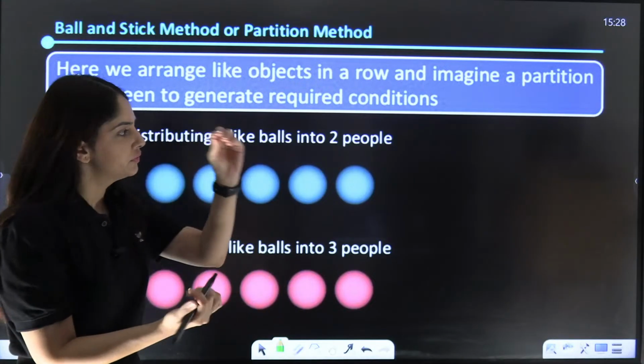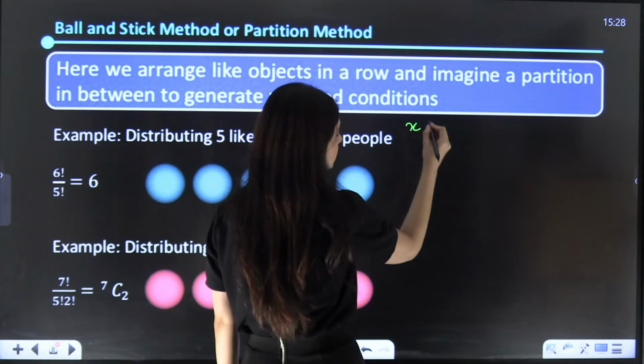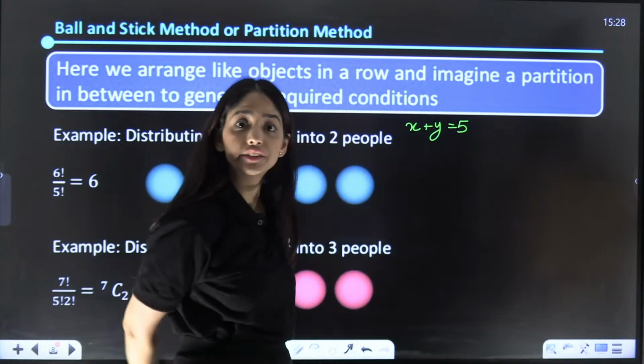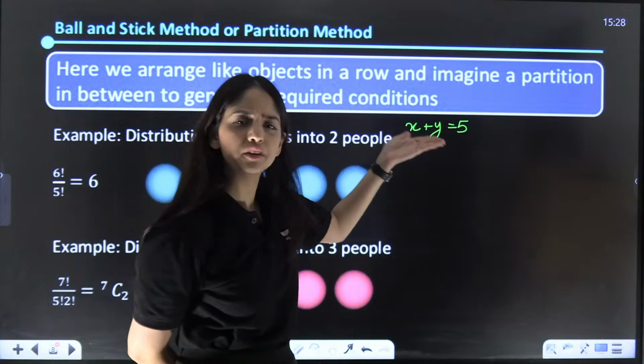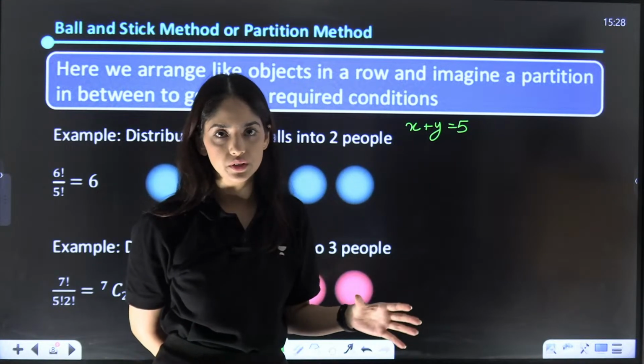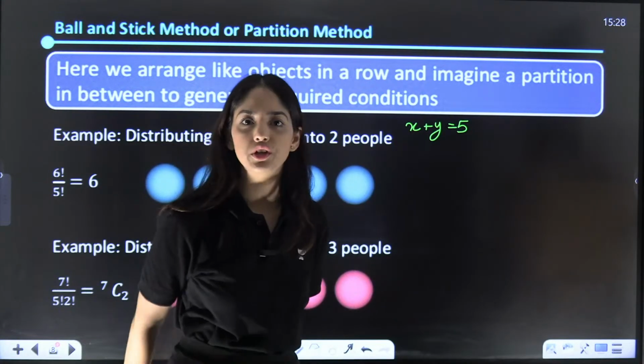Let's say the first one gets x, the second one gets y, and we have this same kind of equation we keep getting, and now we have to find a solution to this. Okay, so now we are going to discuss how to actually find a solution to this problem.